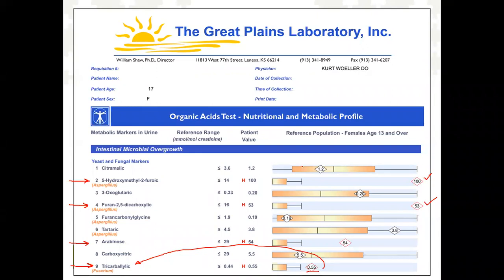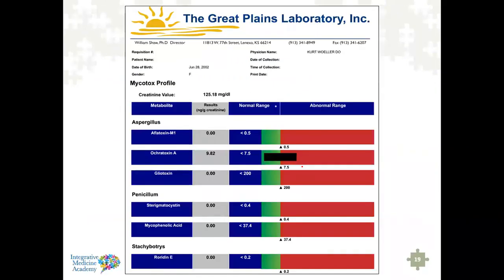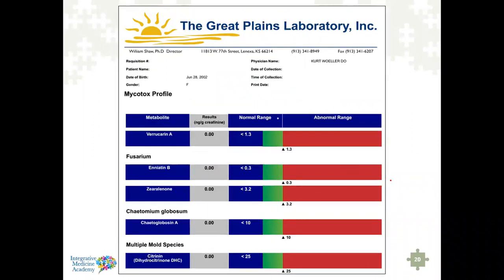Okay, so we could look at a test like this and go, oh my gosh, this person's going to be absolutely completely loaded with mycotoxins. But that's not always the case. They do have some ochratoxin that would certainly be linked back to the Aspergillus. But if you compare this mycotoxin test to the previous ones, everything else shows nothing detected.